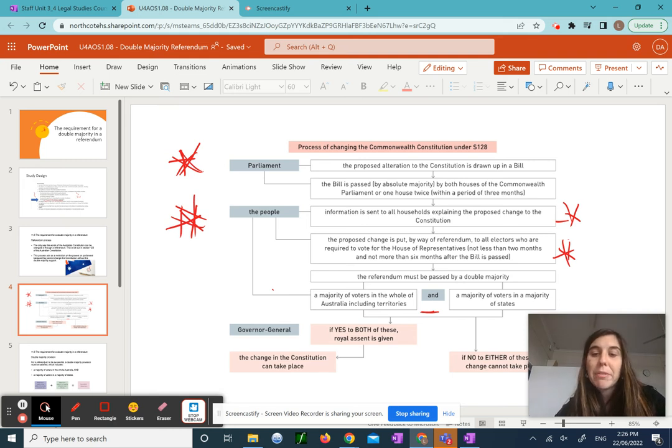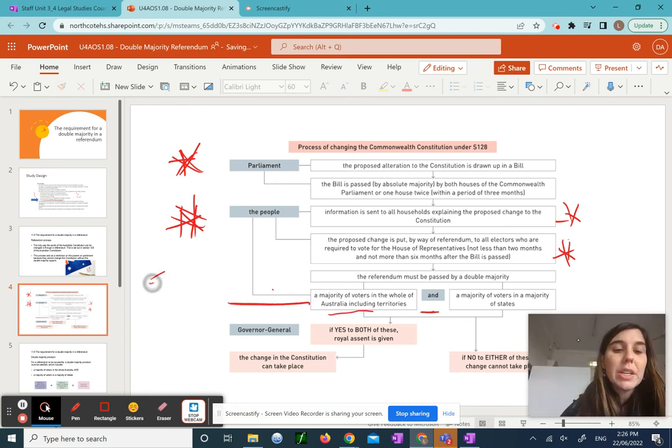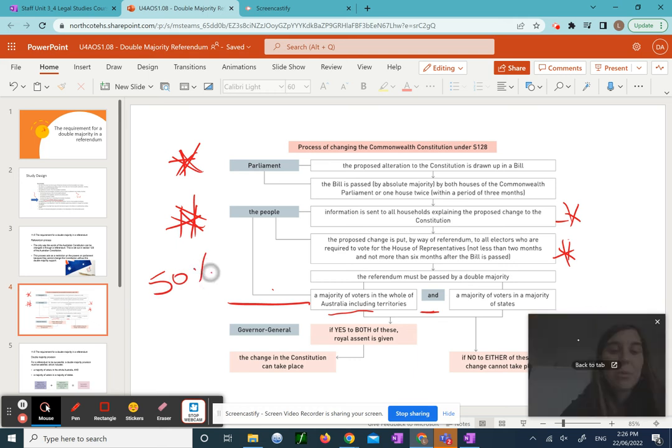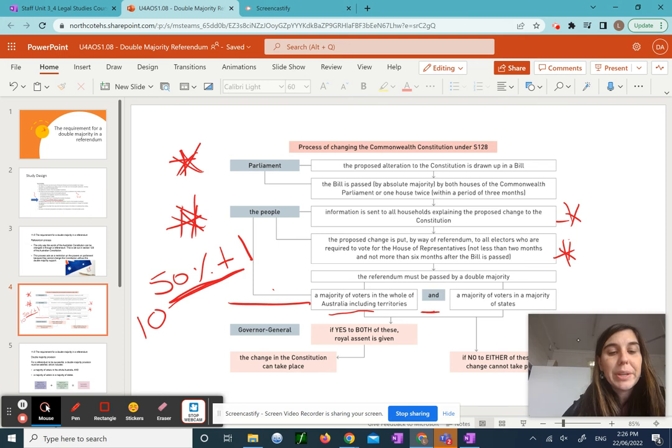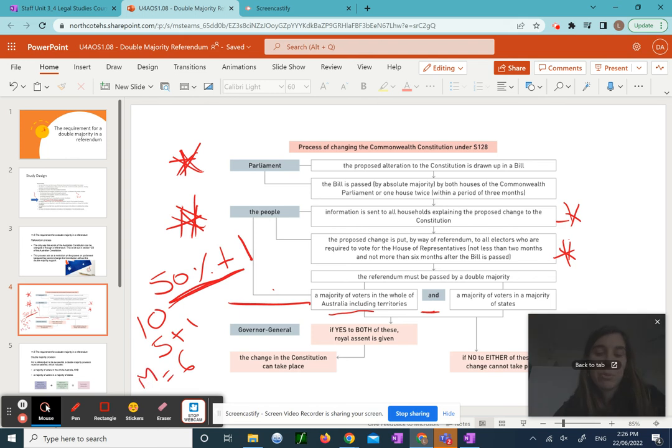Okay, in order for the referendum to pass, it must have the majority of all voters across Australia, including the territories, which means 50% of people plus 1 person is the majority of all voters. So if 10 people have voted in a referendum, 50% of that is 5 people, plus 1 more person is 6. So that would equal a majority.